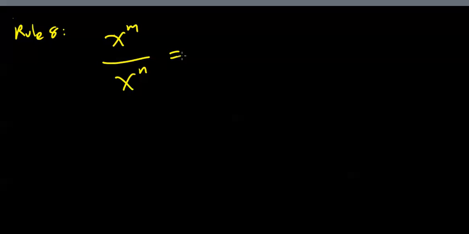Remember in Rule 1, when we multiply the same base expressions, we keep the same base and add the exponents. Well, as I'm sure most of you know, isn't this equivalent to when you're dividing the same bases? You keep the same base and subtract the exponents, namely the denominator exponent from the numerator exponent.